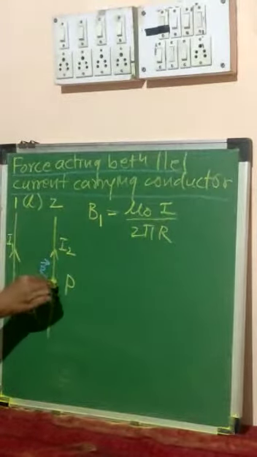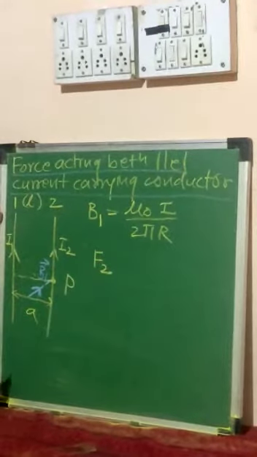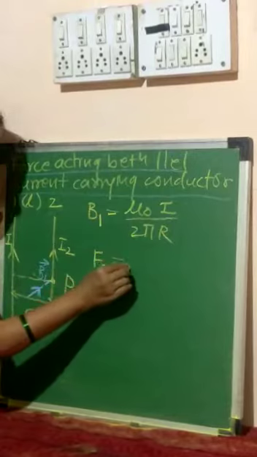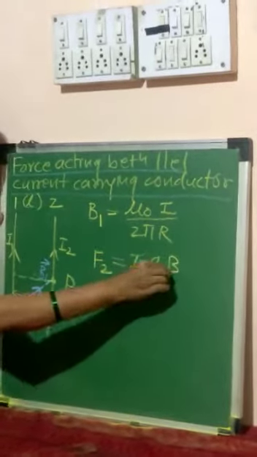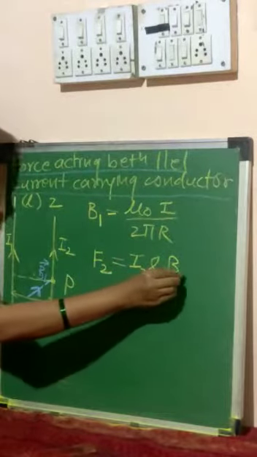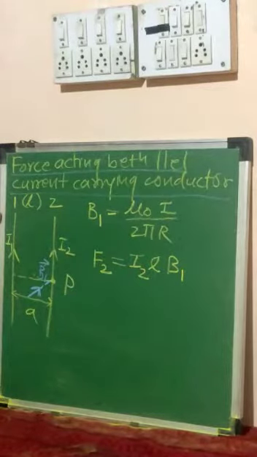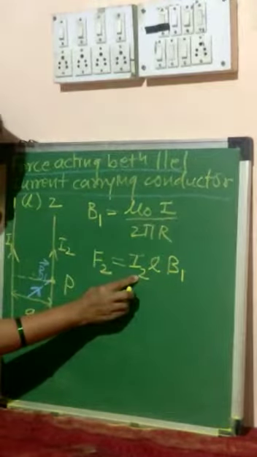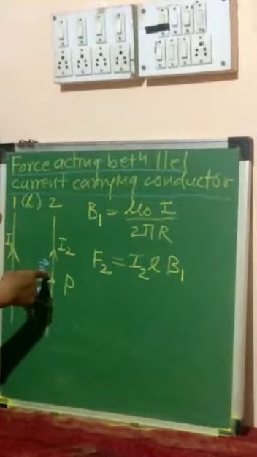Therefore, this second conductor experiences a force F2, which is nothing but I L B. The current flowing is I2, the length is L, and the magnetic induction experienced is B1.